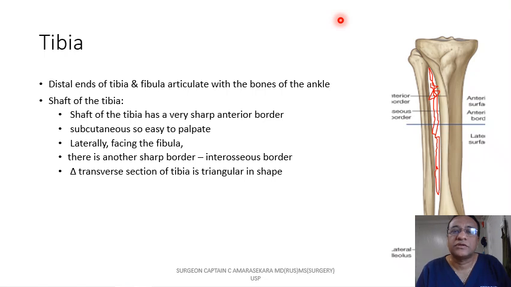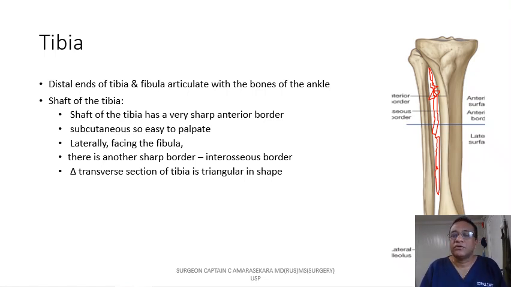These anatomical features are not just landmarks. Please remember that they are not just landmarks. They are essential for radiological interpretation and important for evaluating trauma scenarios. So we should know these landmarks very well.